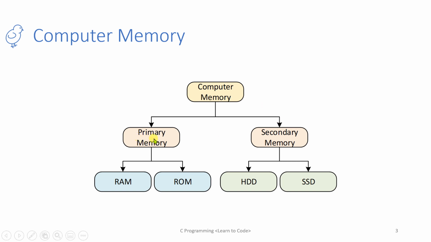One is called primary memory and the second one is called secondary memory. A primary memory can be of two types, RAM and ROM. So why is this category needed again? RAM stands for random access memory and ROM stands for read-only memory. That means you can read the content from ROM, but you cannot write anything to it. But RAM is a read-write memory. You can write or read anything from this memory.